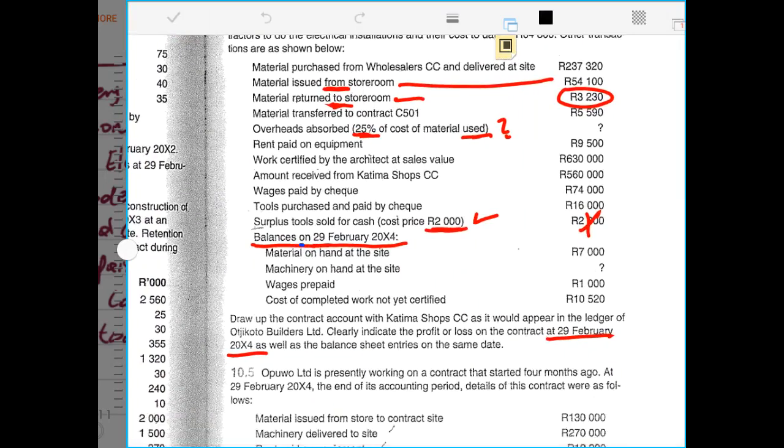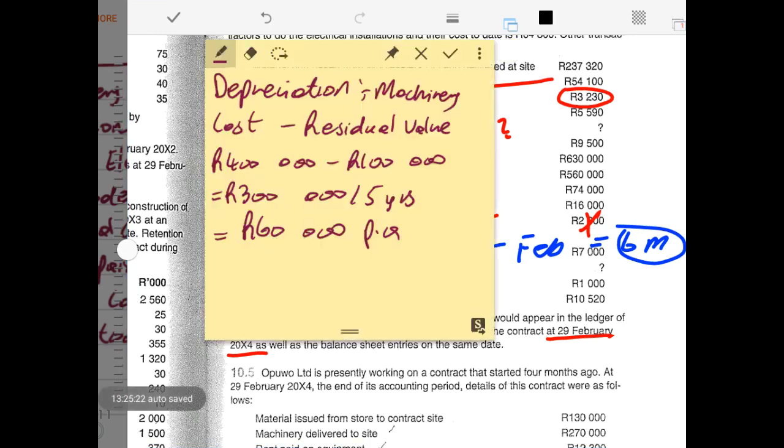That means from September until February, which is equal to 6 months. So now we have to say September, October, November, December, January, February. That is equal to 6 months. Then we have to say divide by 6 months.